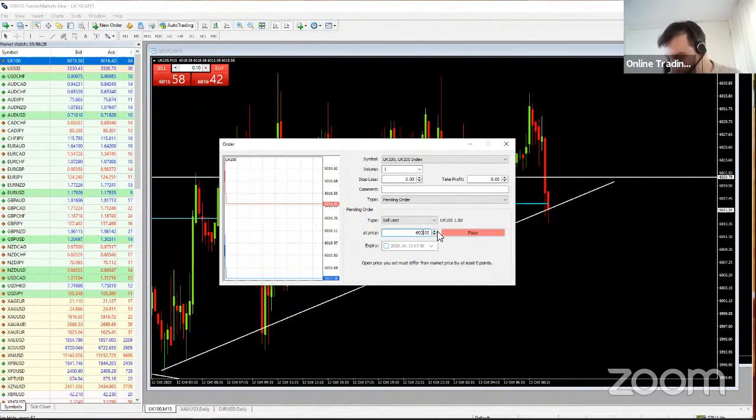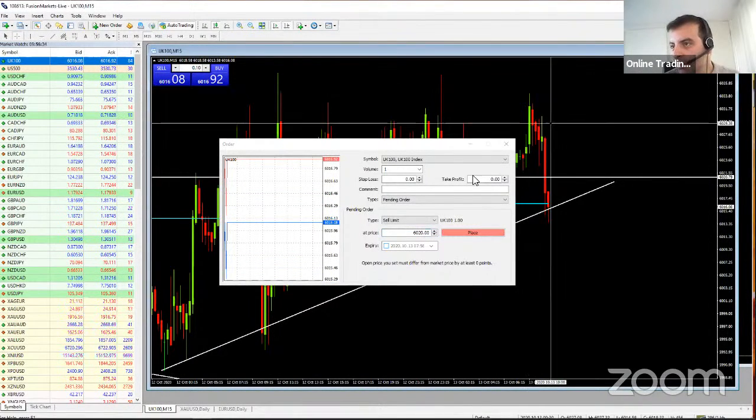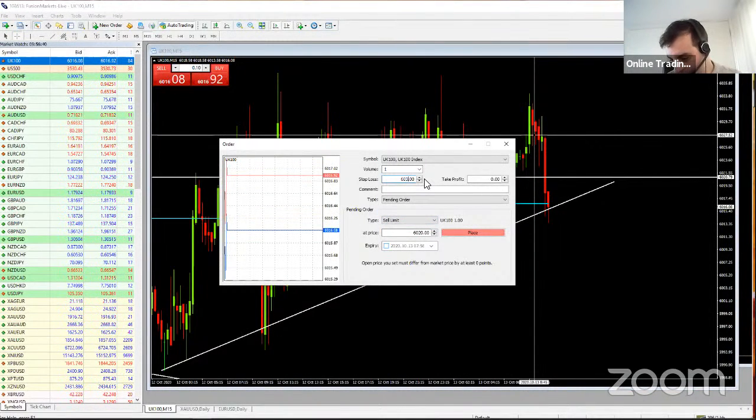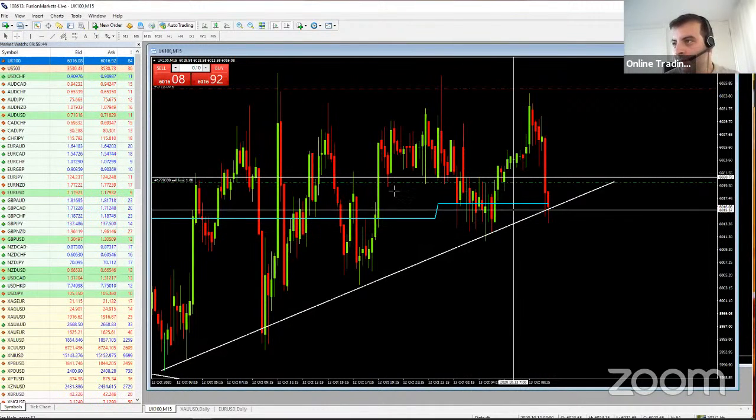And we can come back to it after we've done the pound. Stop loss at the highs up here at 60.35. And let's place that.